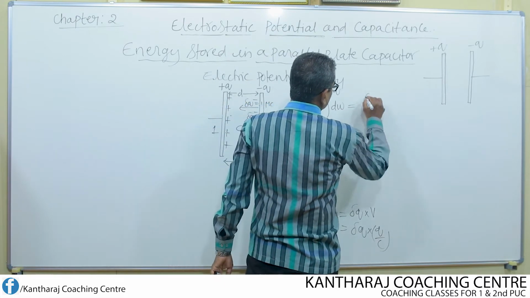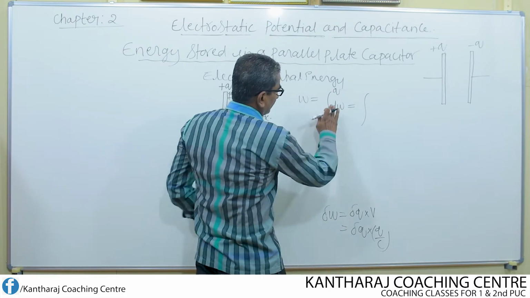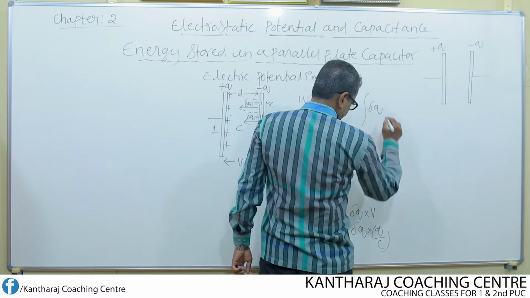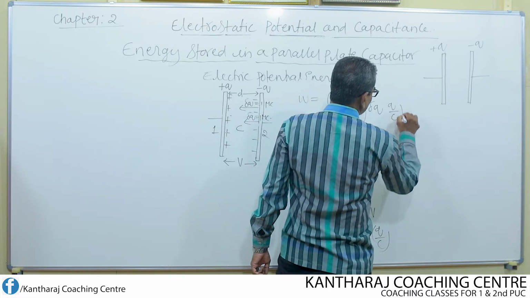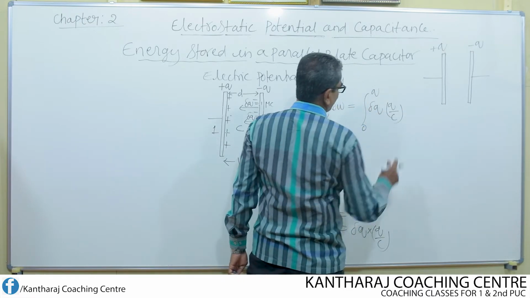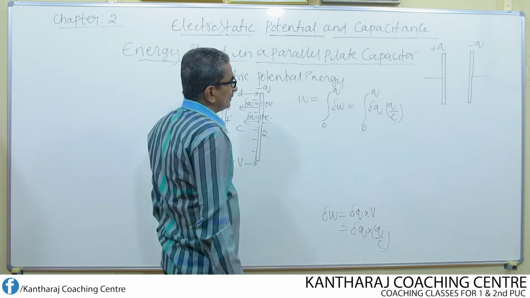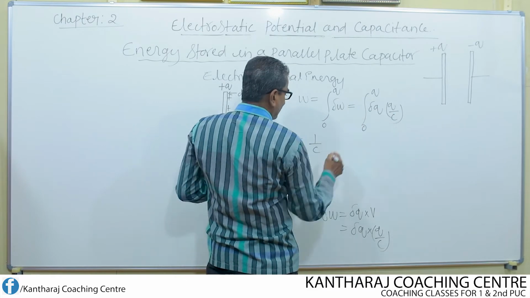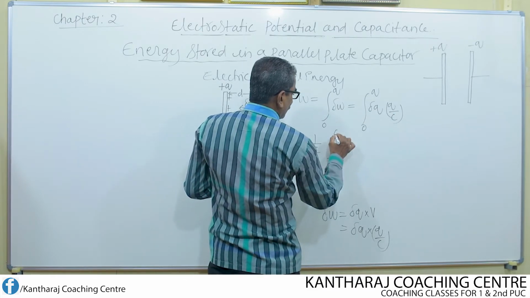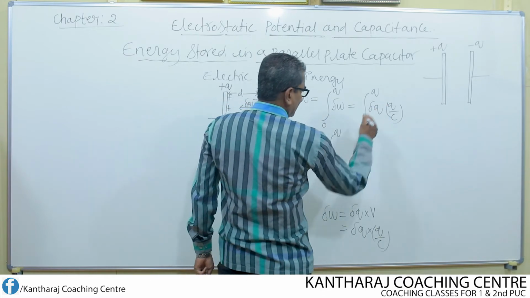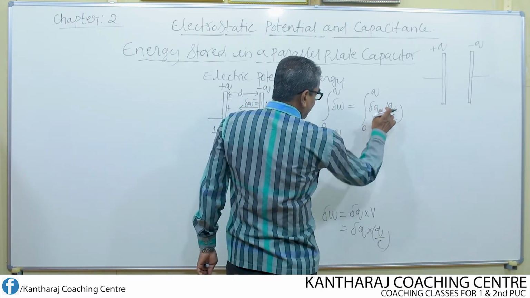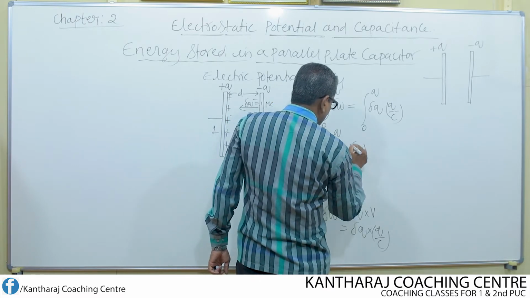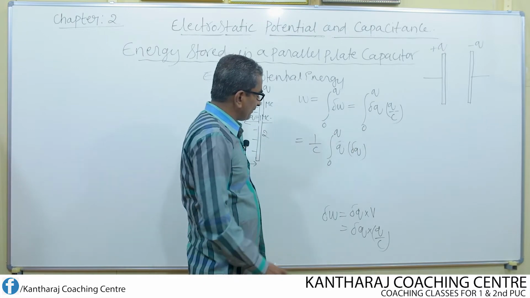Substitute for delta W, not dW, delta W. What is the delta W? Delta Q into Q by C, from 0 to Q. I take 1 by C outside the integral sign, 0 to Q. Then it is nothing but Q into delta Q. What does it mean?